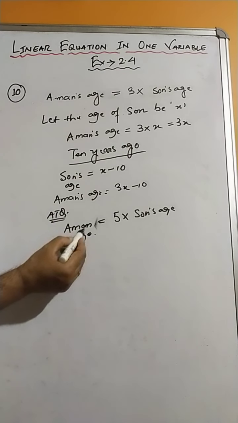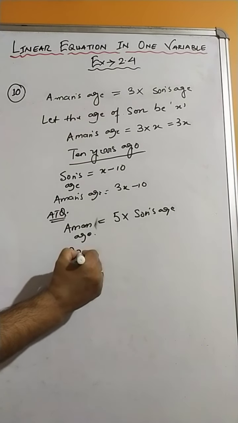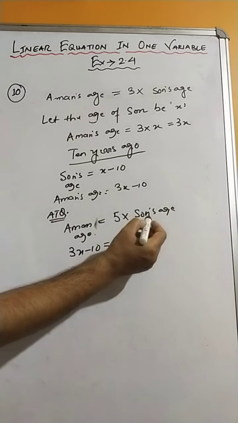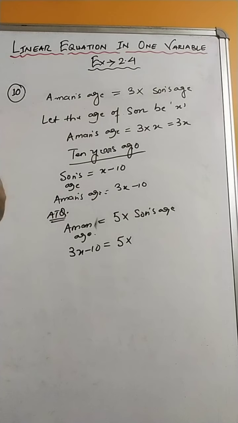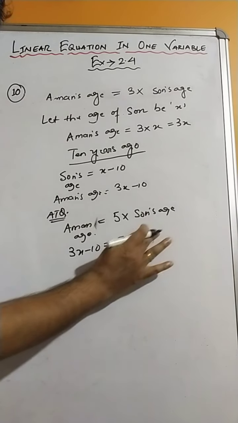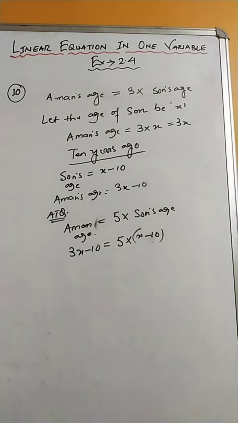So Aman's age 10 years ago was what? The age is 3x minus 10. So we will write 3x minus 10. Then we will write 5 into what is son's age before 10 years? That is x minus 10. Since this is a binomial term, students, we have to put it inside the bracket. Fine. So this is the final equation.